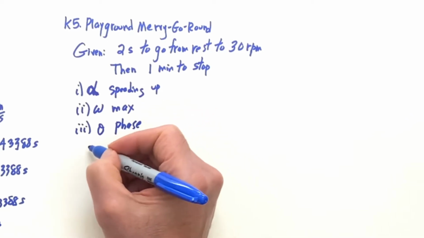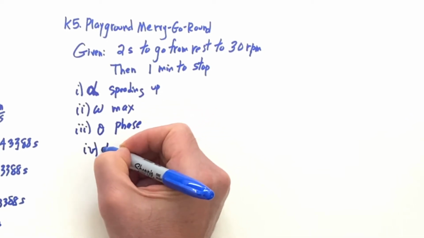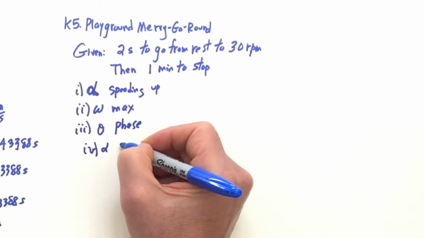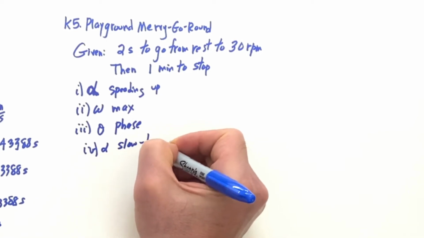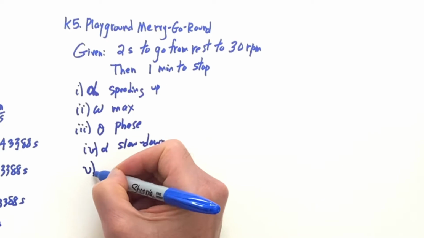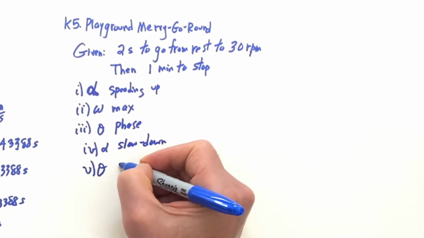And then we want to know 4, the average acceleration for the slowdown. And then 5, the angle for the slowdown.